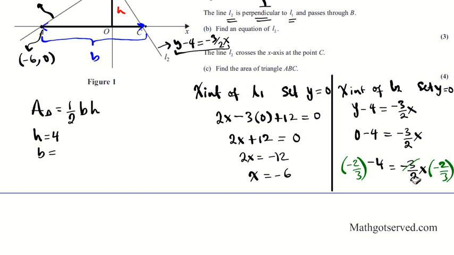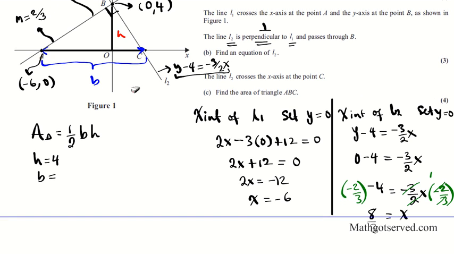These ones neutralize, divide out to 1, and if you multiply this, you're going to get positive 8 over 3 as your x-intercept. So the x-intercept of this piece right here, this point, is 8 over 3, comma 0.